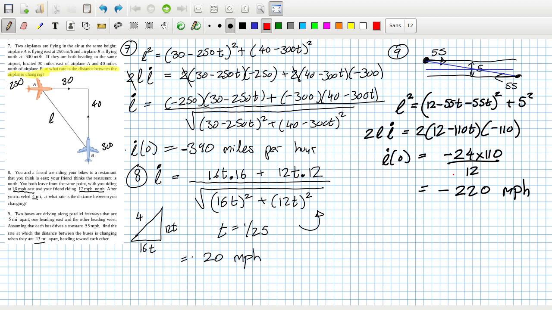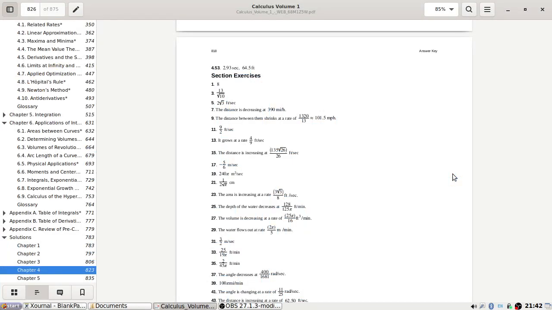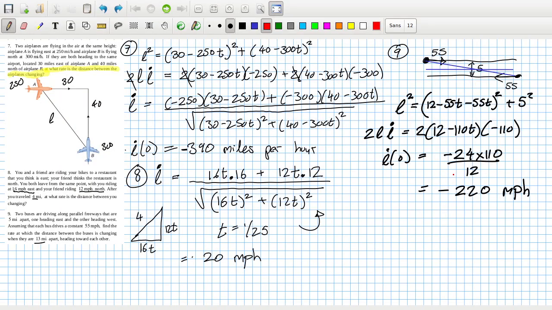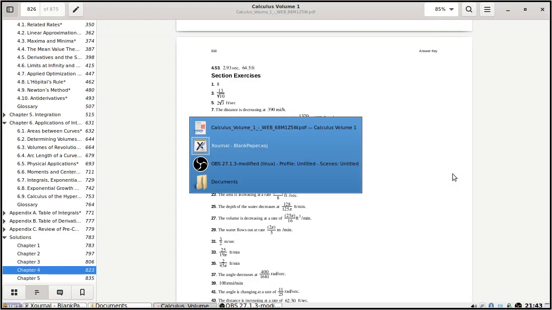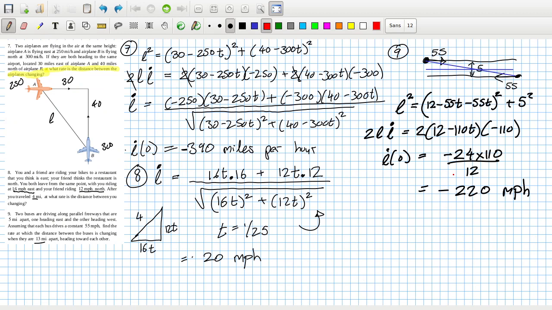And then the L is 12. My answer is like it's missing a 2. Interesting. I'm doing something wrong here.